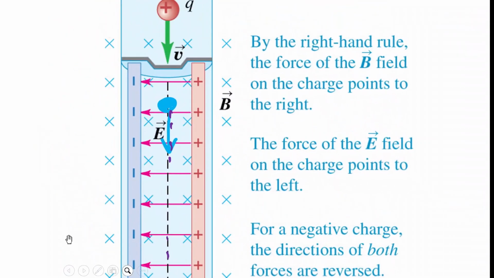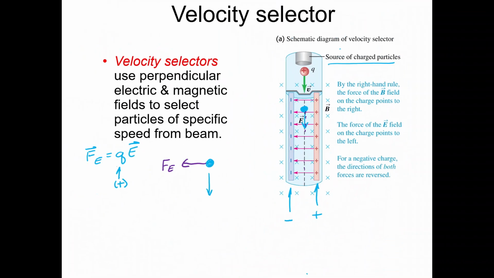Our magnetic field is going into the page, and with that we would use our QVB. Our magnetic force is equal to QV cross B. The magnitude is going to be QVB because our magnetic field B is into the page and our velocity is towards the bottom. Those are perpendicular to each other. But we use our cross product for the direction. Because we're dealing with a positive charge, I use my right hand and point my fingers in the direction of velocity, which is towards the bottom of the page.